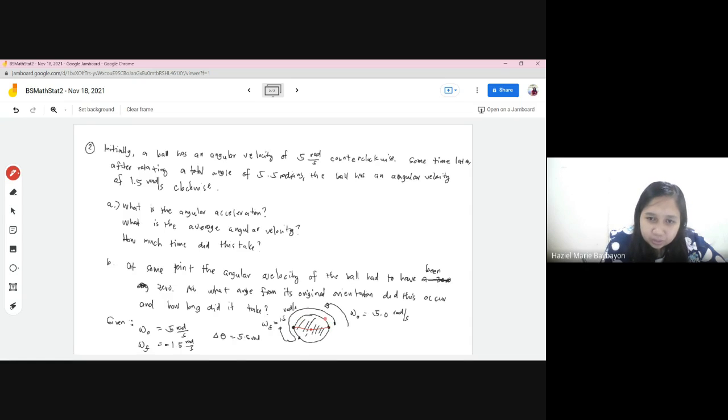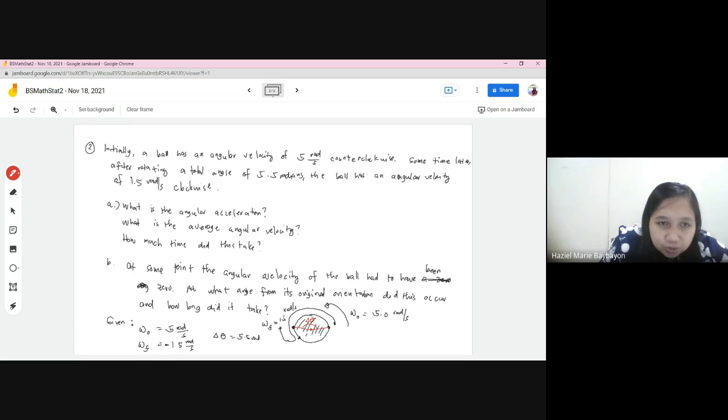Okay? So, take note that the ball is rotating. So when the ball rotates, this point, after some time, ends up here. Okay, so this is your delta theta, which is equal to 5.5 radians.